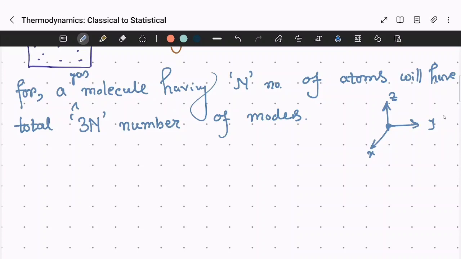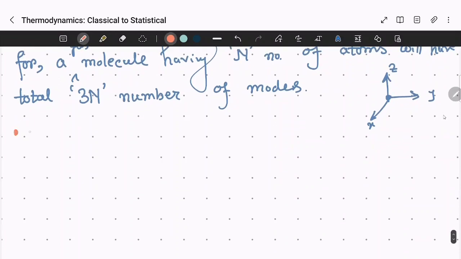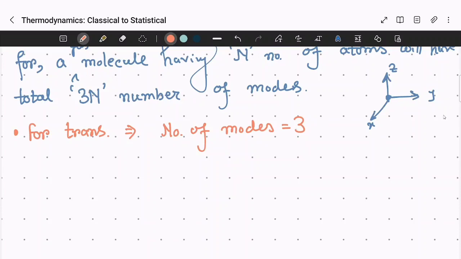Now for translational, the number of modes will be 3, because a molecule can go in x direction, y direction, z direction. Here we are discussing with a methane molecule.